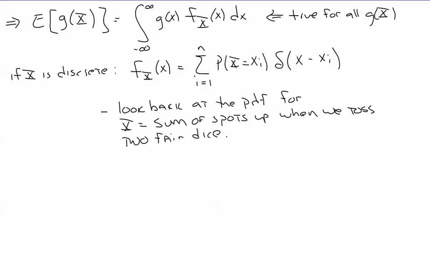All right. So if we plug my probability density function for my discrete random variable back into my general relationship at the top of the page, we get this.